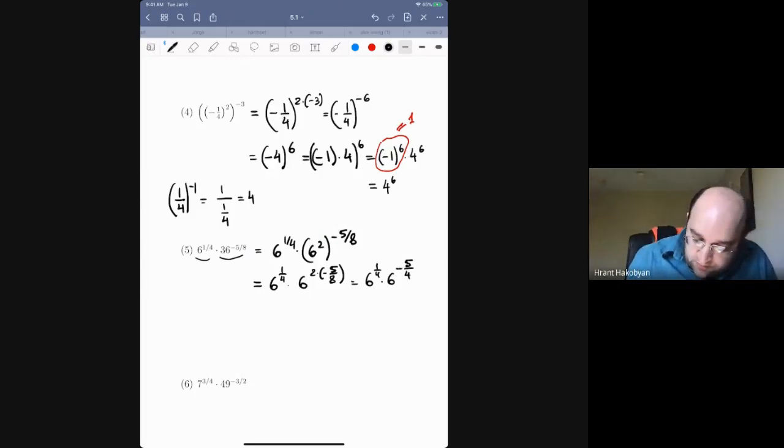Okay. So now I have the same base in both cases, but the powers are different. So that means I have to add the exponents, right? So it's going to be 6 to power 1/4 minus 5/4.